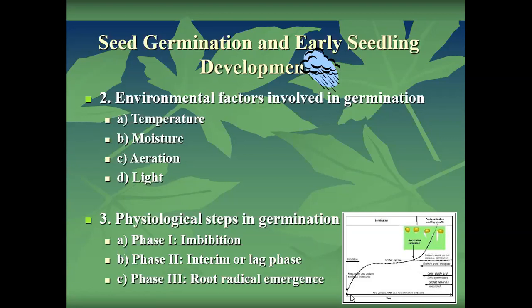As soon as the seed imbibes that water, that moisture, it rapidly swells. It reaches a phase known as the lag phase, where a lot of metabolic processes take place, and that lasts for quite a while, until the emergence of the radicle. Then stage 2 occurs, where the shoot development and root development continue.